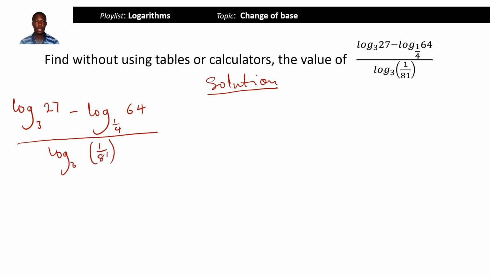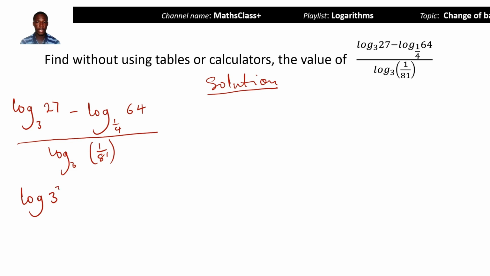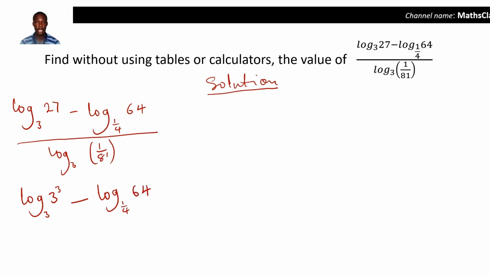So when I look at log 27 to the base 3, I believe there is a way of making that simple. So I'll write that as log 3 to the power 3, and then it is in base 3. Then for this side, log to the base 1 over 4 of 64, I can't simplify it, but the denominator can also be simplified.